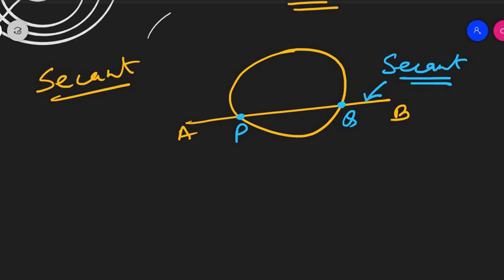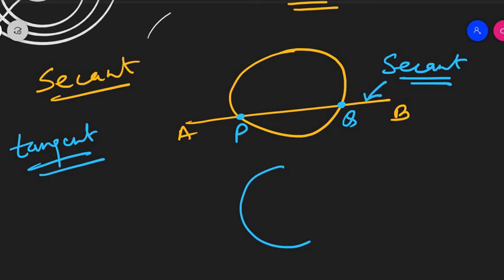Then what is a tangent? What is a tangent of a circle? If the same line, or any other line, intersects the circle at only 1 point, the condition is that it just touches the circle and moves away.